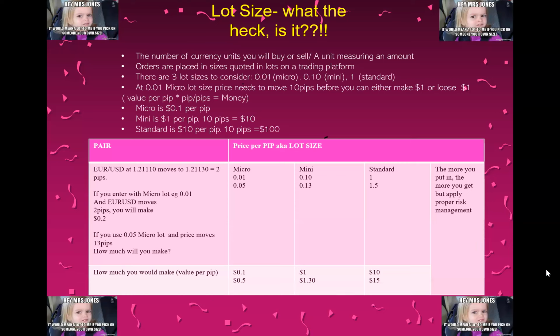Now, a lot size is a unit in measuring a transaction amount. So it's basically the number of currency units you will buy or sell. In your broker platform, so in your IC Markets, orders are placed in sizes quoted in lots on a trading platform.